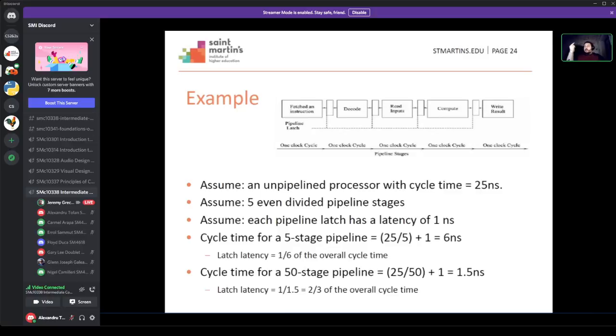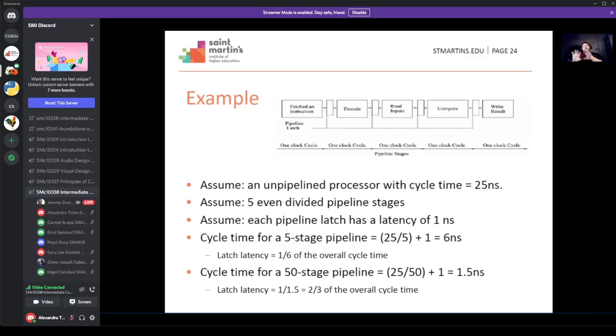But if the latency time of the pipeline latch is still 1 nanosecond, therefore taking 1.5 nanoseconds per clock cycle, the amount of latency in this case is 2/3 of the overall computation time.